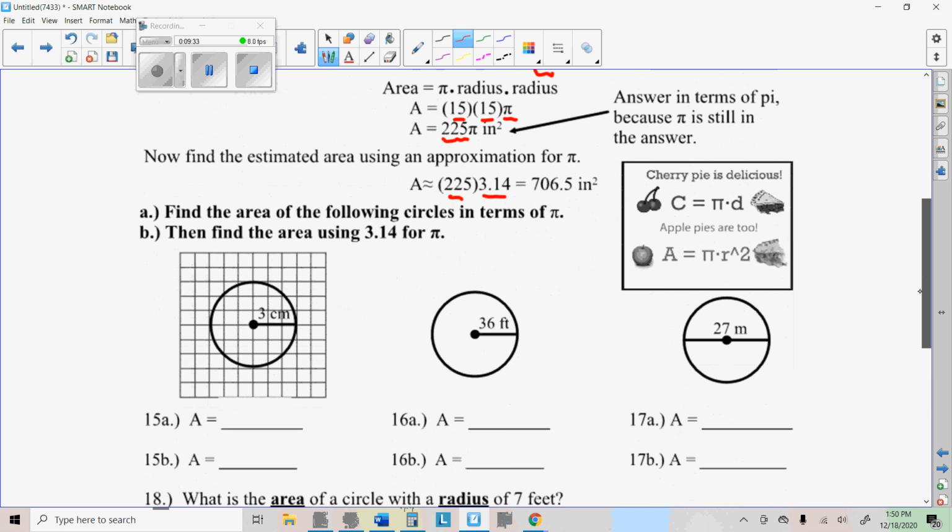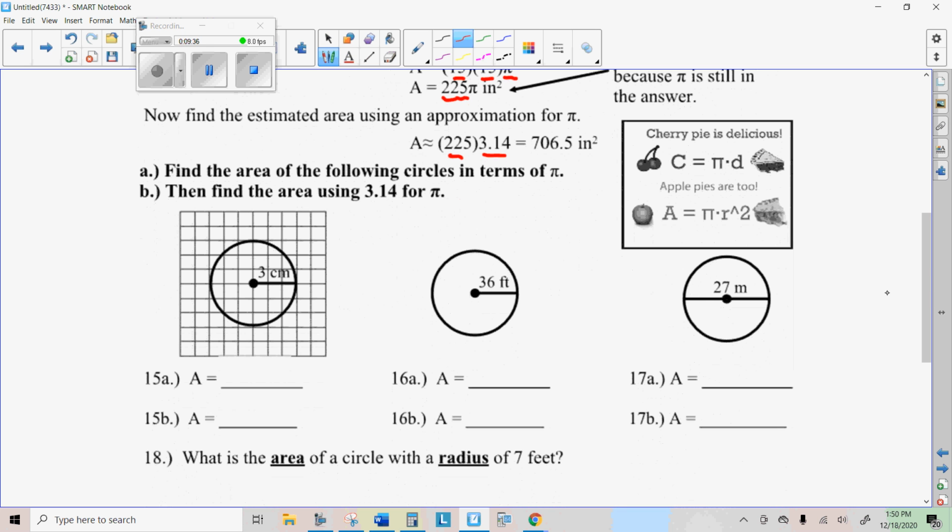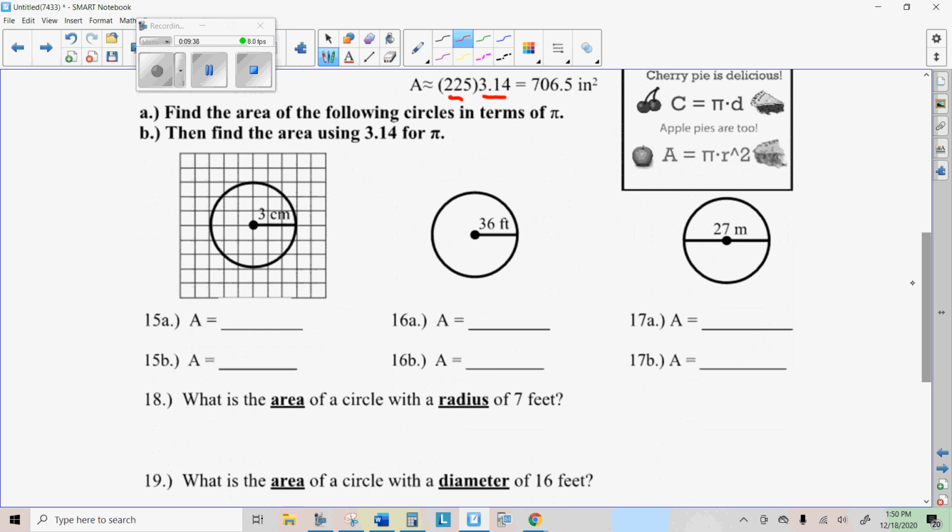All right? So we're going to do both here. We're going to give it in terms of pi. So I'll do my work over here for this one, and you can then do your own. So we're going to do 3 times 3, 3 squared, times pi. 3 squared is 9. So in terms of pi, it's just 9 pi. Now I'm going to approximate that: 9 times 3.14.